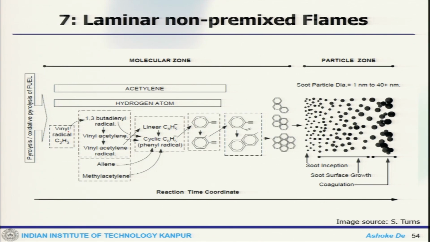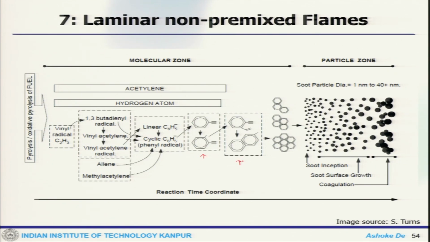So, you get the vinyl radical, then butadiene radicals, vinyl acetylene, all of these are formed. Then there is an exchange or breakage of bonds that takes place, and then you get to a situation where you have structures like the aromatic rings.